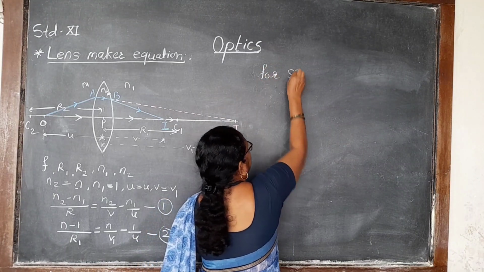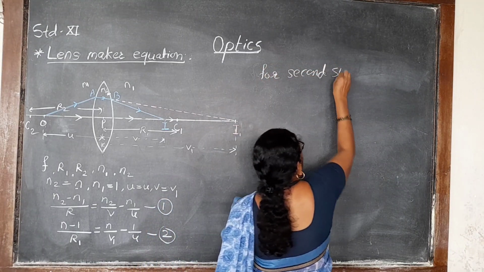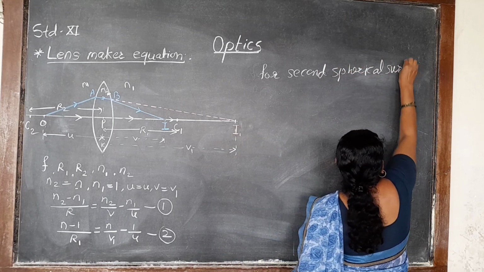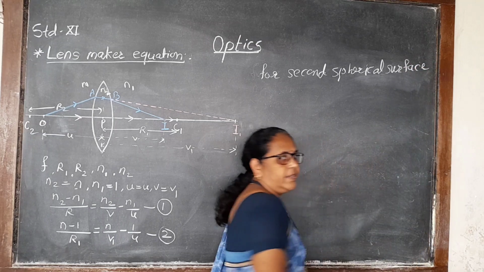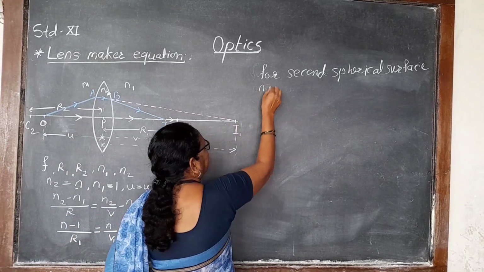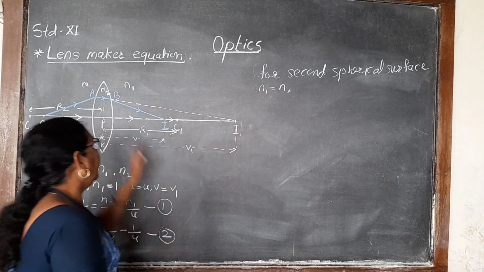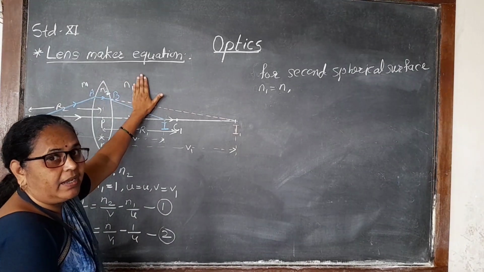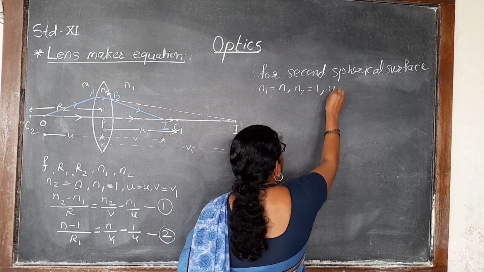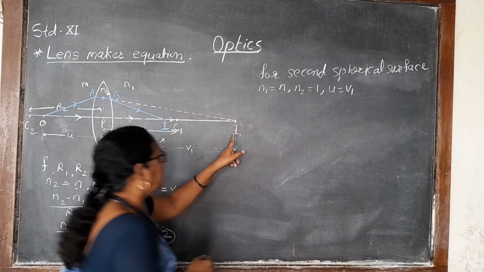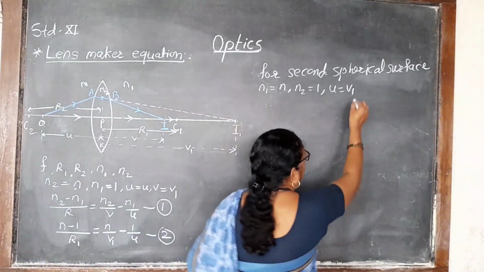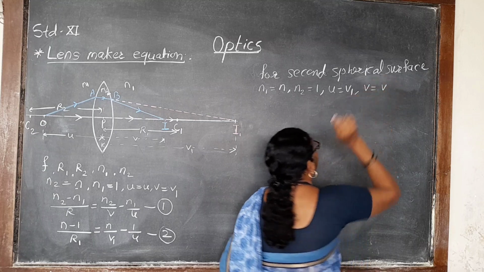Second spherical surface: see here, medium 1 is now the lens material. So N1 is equal to N and N2 is the material outside the lens. So N2 becomes 1. Object distance is V1 because this virtual image acts as the object for this second spherical surface, and final image distance is V.